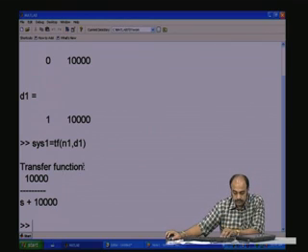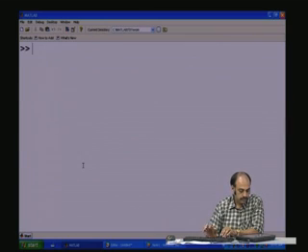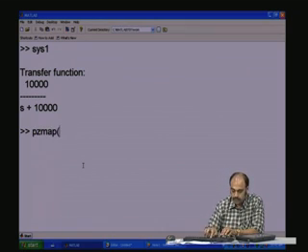Now, sys 1 is this. What will you get for the pole zero map of sys 1?